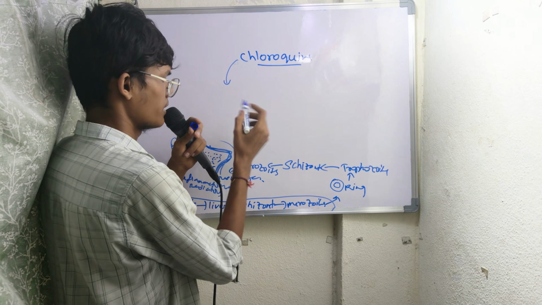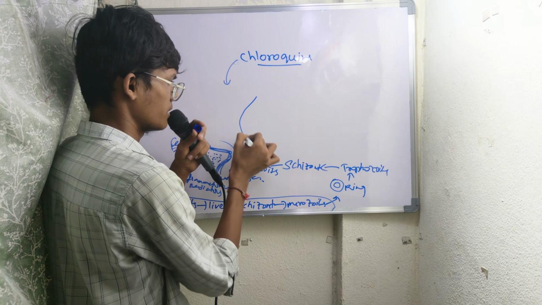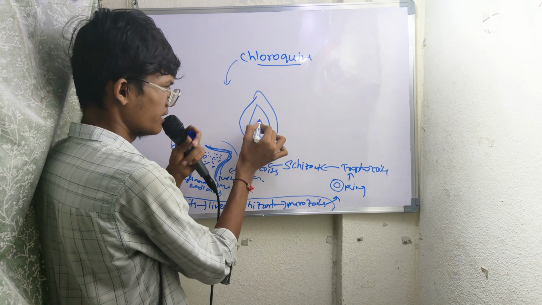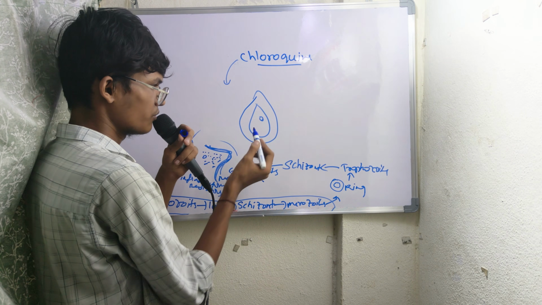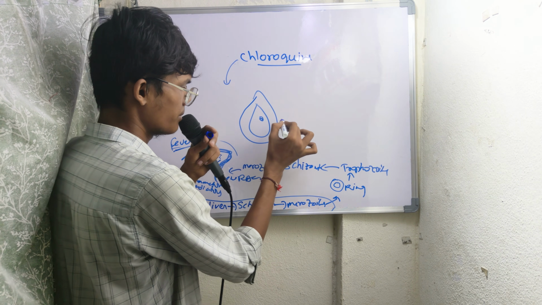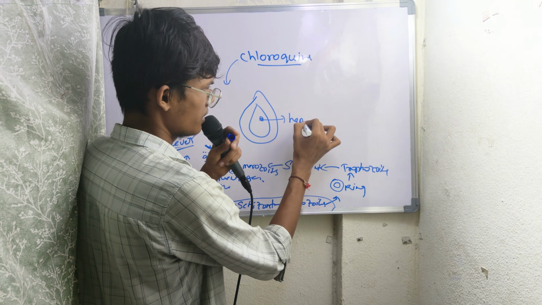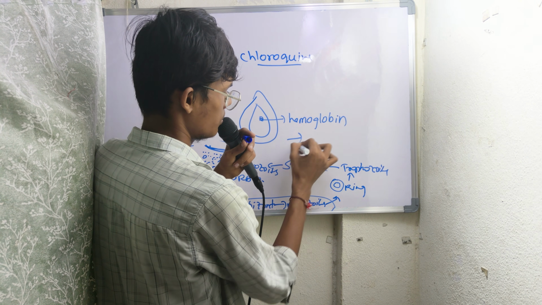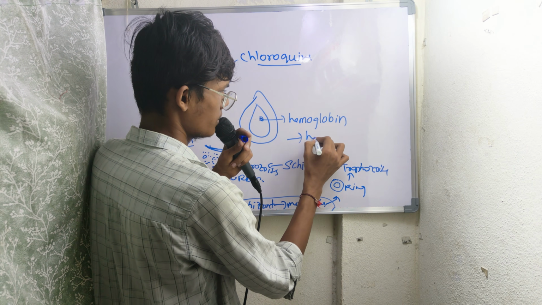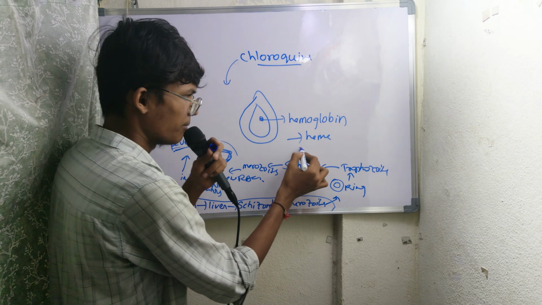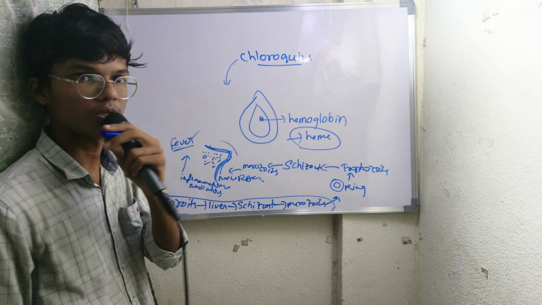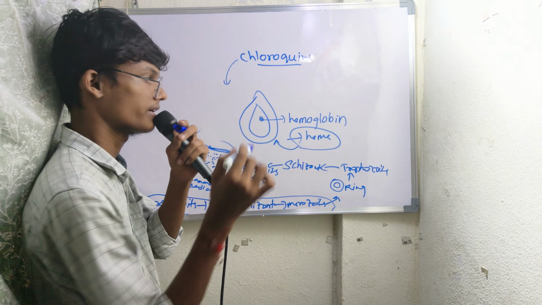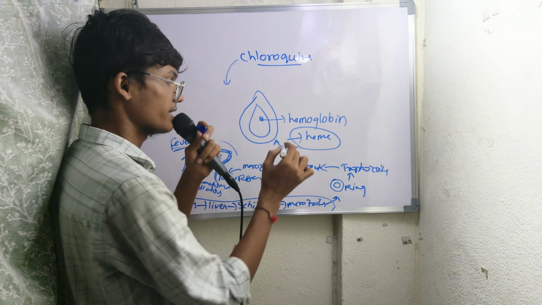Here I will tell one more thing. In this parasite there is a food vacuole, right? In the food vacuole it will break hemoglobin to heme, but actually this heme is very toxic that it might also kill this parasite, but it is not killed. Why?